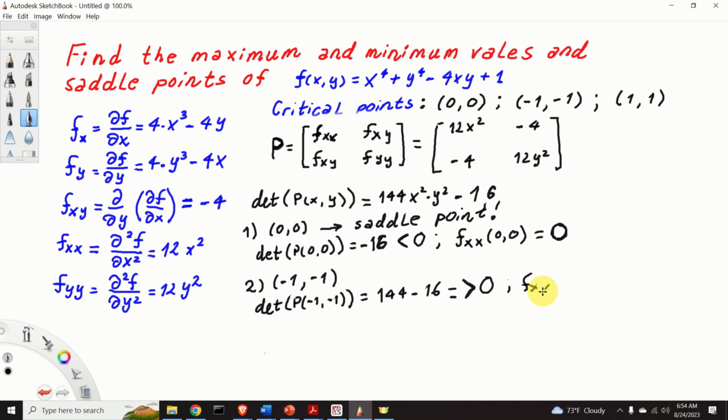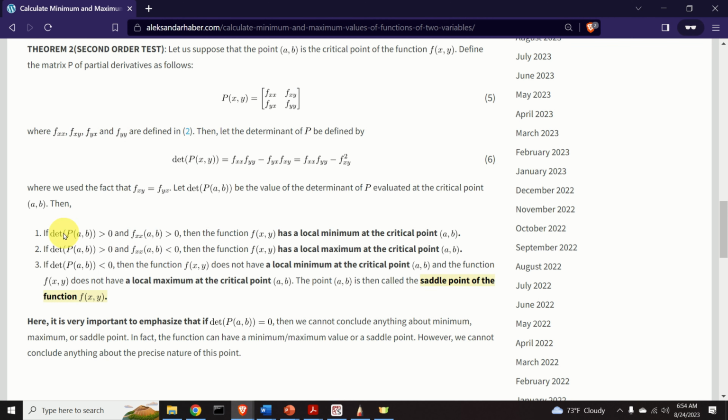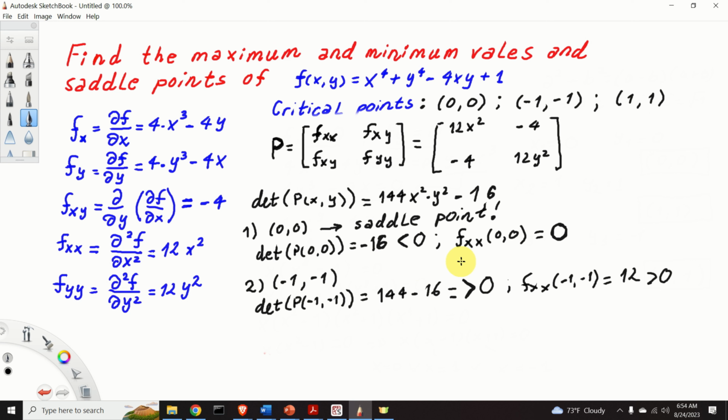So what's the value of fxx at the critical point minus 1, minus 1? Let's see. What do we have here? We have 12 multiplying 1, and as the result we obtain 12. And this is larger than 0. Okay, let's go back to our theorem and let's investigate the case. Determinant is larger than 0 and fxx is larger than 0. This means that our function has a local minimum at the critical point. Okay, so this critical point is local minimum.